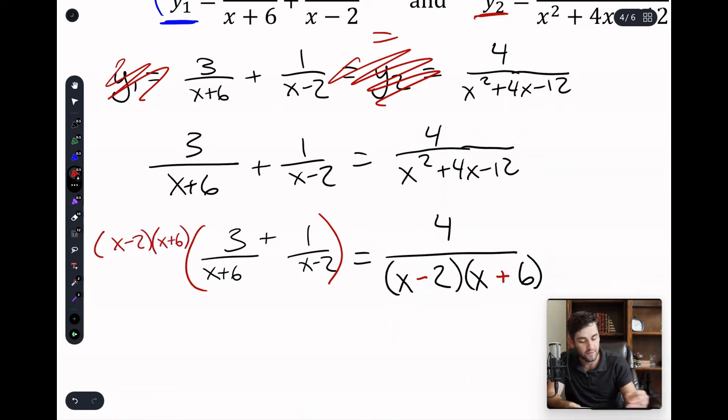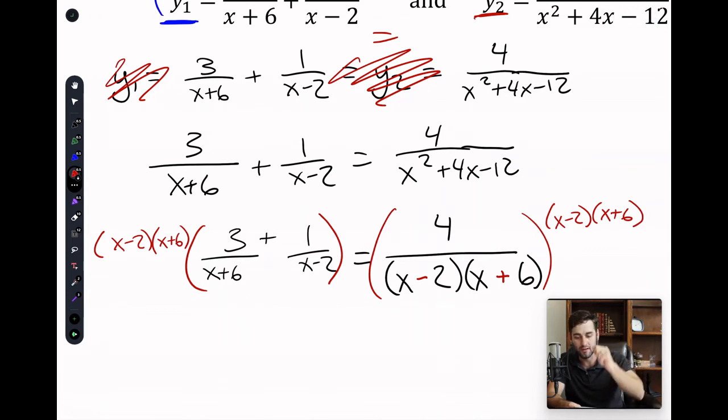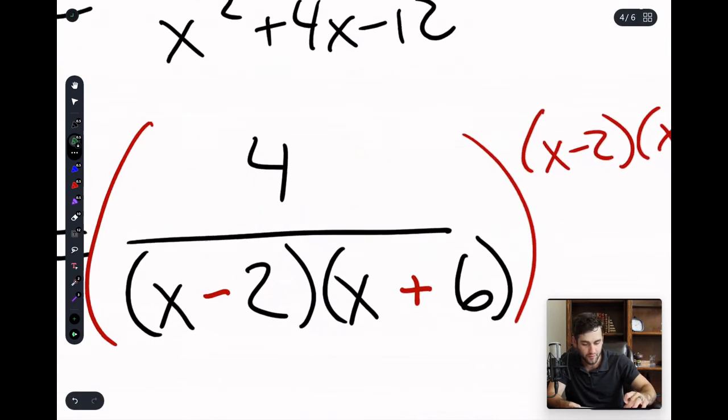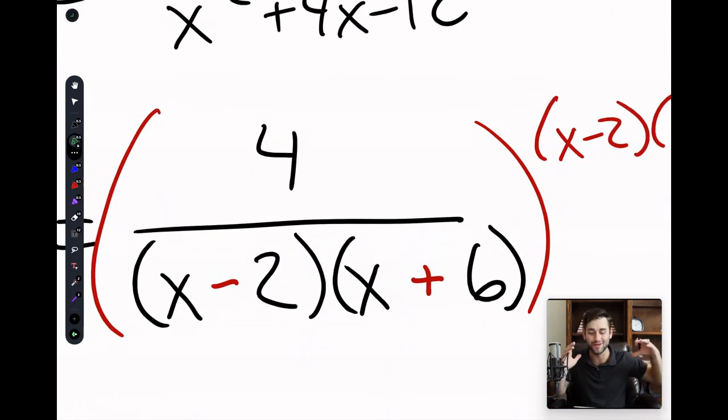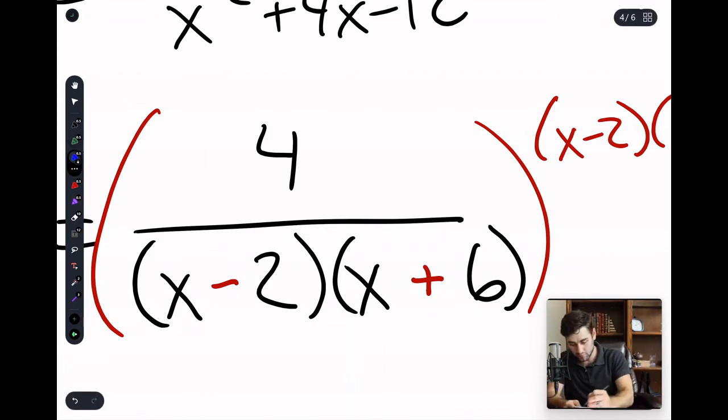And as we do that, we are going to ask ourselves that same question that we asked earlier: is there anything the bottom can't be? Is there anything that makes us divide by 0? Well, now that I'm looking at this new thing that I wrote, I see two obvious things that it can't be. That x better not be 2. I'm going to put it in little blue. 2.